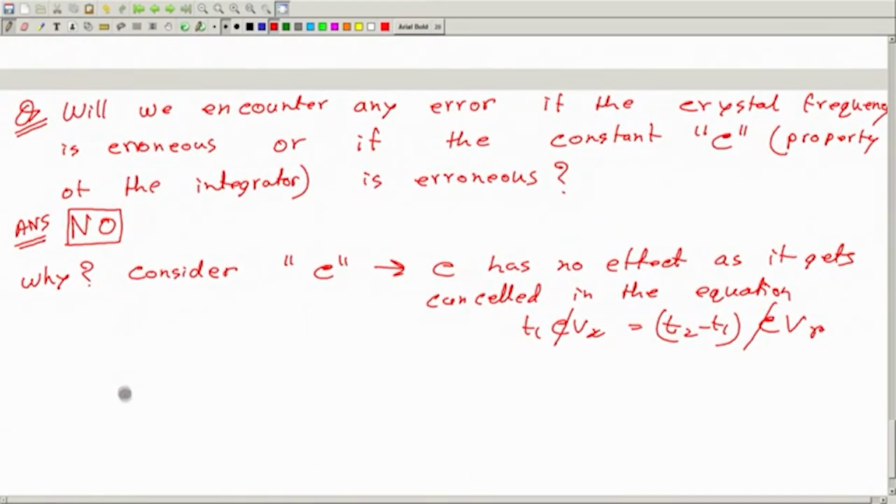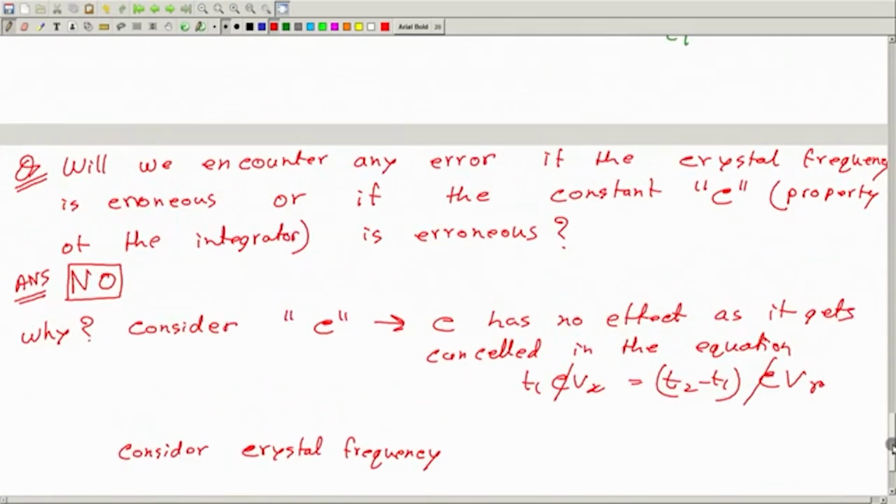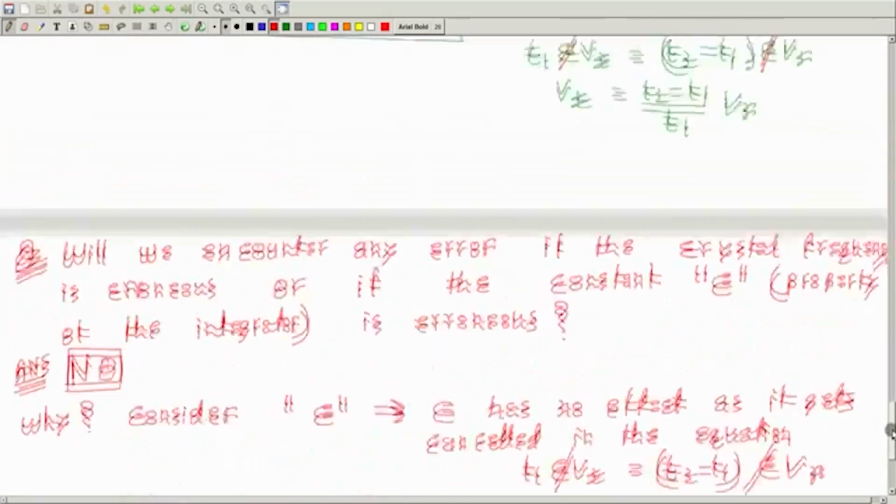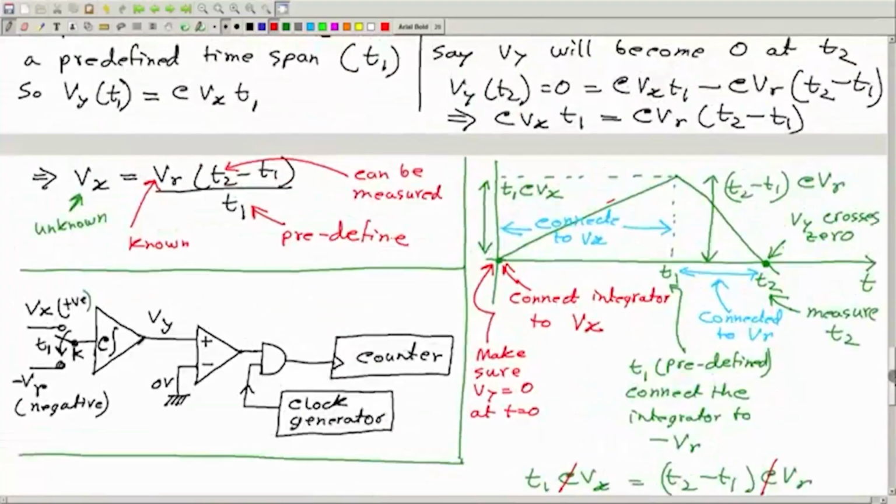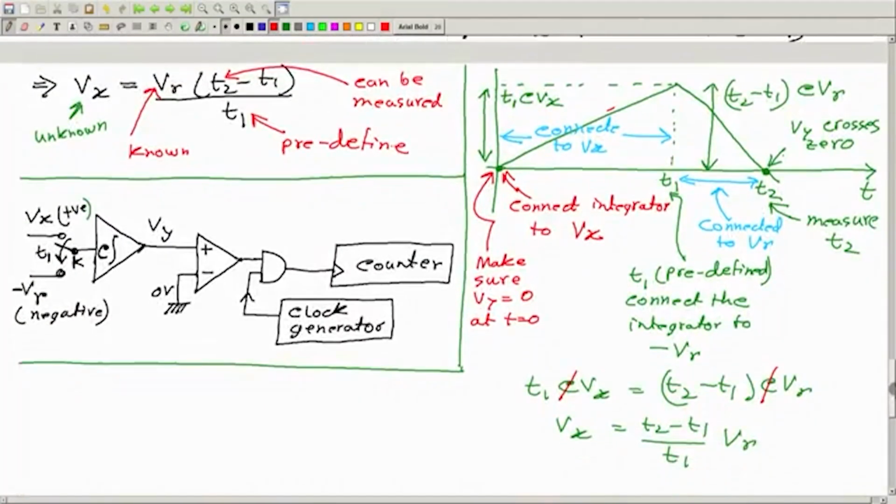Now, consider the crystal frequency. What is the role of the frequency of this clock generator?